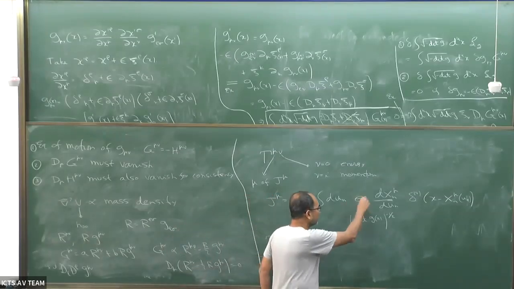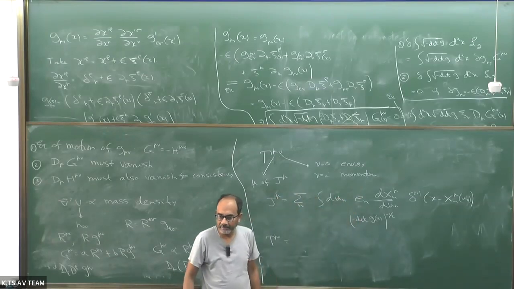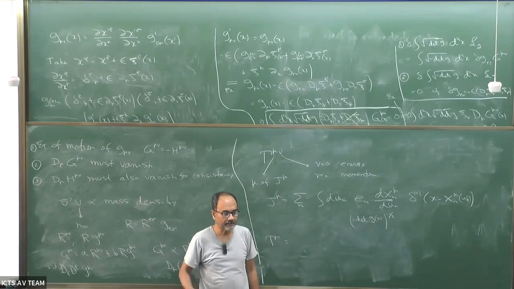So E_n has to be replaced by the momentum of the nth particle, right? Because from charge current I'm going to momentum current. So all I have to do is replace E_n by momentum.